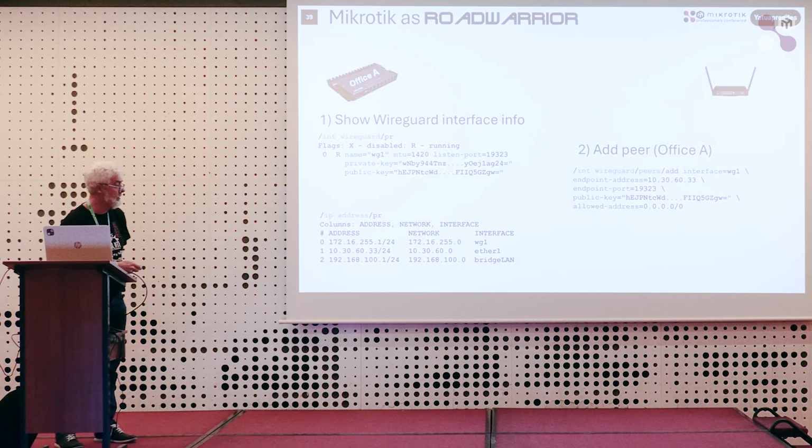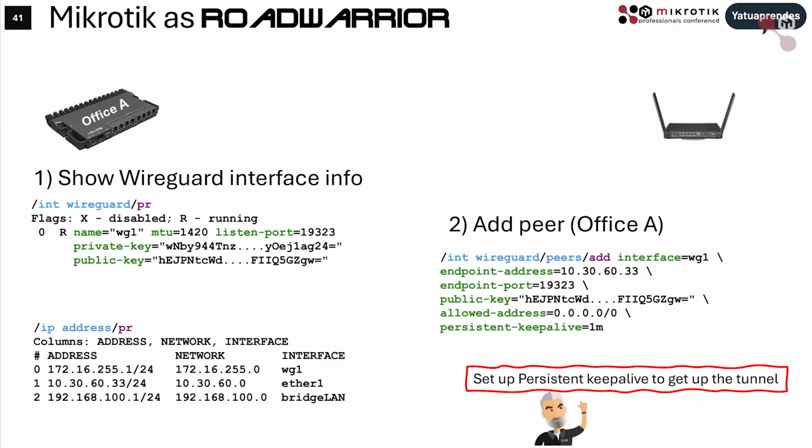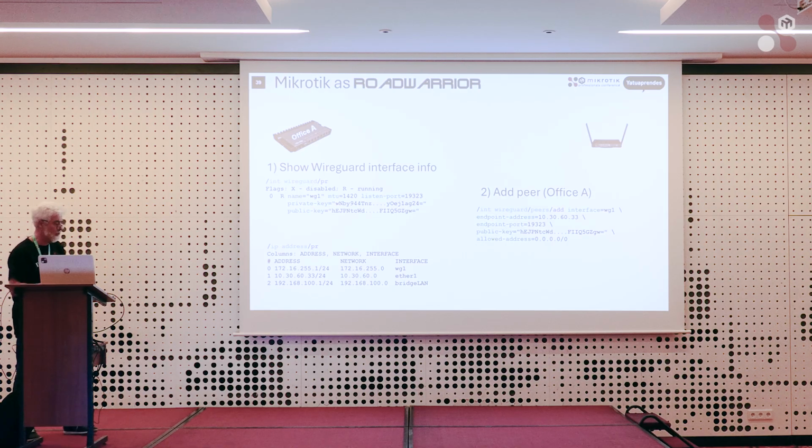We assign the real endpoint address and the endpoint port of Office A. But if this is a dynamic IP, it's no problem, because we only need to reach Office A in the first packet. After that, we can exchange information with no problem.